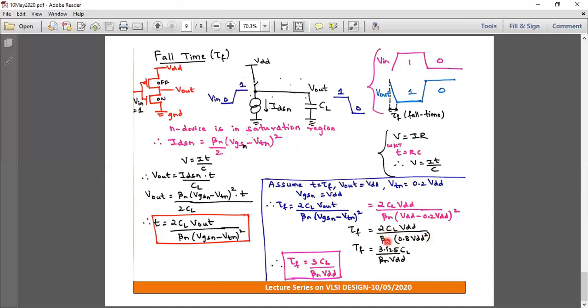So once you simplify, you'll get fall time as 3.125 CL divided by beta N VDD. Therefore, fall time is approximately 3 CL by beta N VDD. So rise time is associated with the charging of the capacitor, and fall time is nothing but the discharging of the capacitor. Thank you.